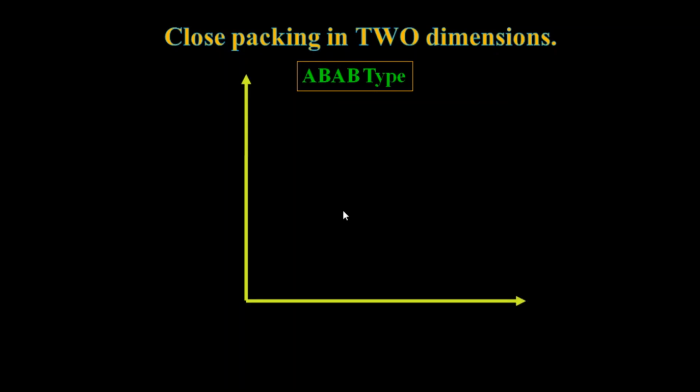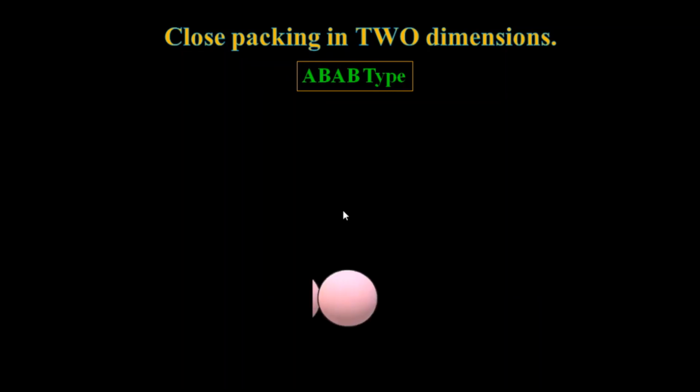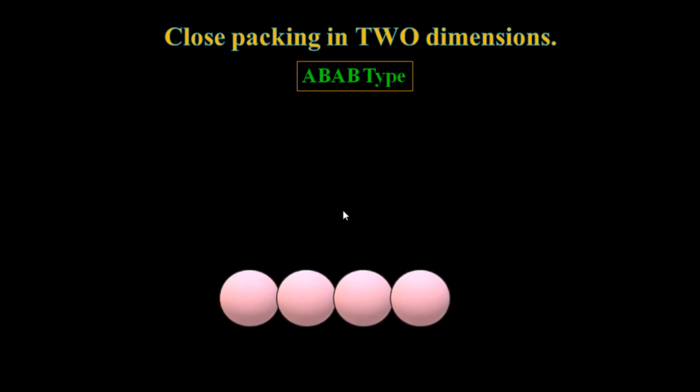Then, next one, that is the AB two-dimensional packing. The spheres are placed in two dimensions. The spheres are packed in such a way that the spheres in the second row are placed in the depressions between the spheres of the first row like this.